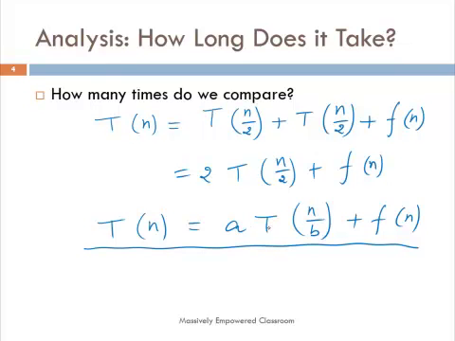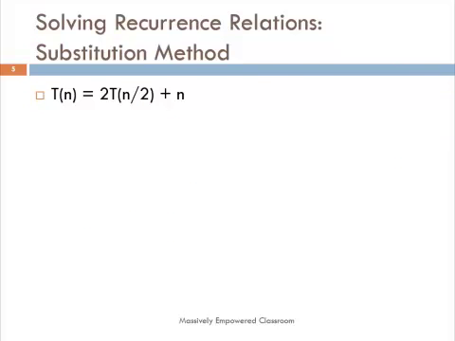So in this case, we are dividing the problem into size n divided by b, and we get a such things. So it's a times t n by b plus f of n. Here again we are assuming that each of the subproblems is of the same size. In general, divide and conquer can also divide a problem into subproblems of unequal sizes, but we will consider only this case of equal size subproblems.